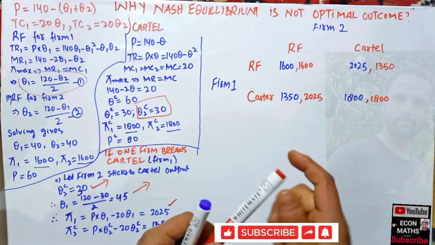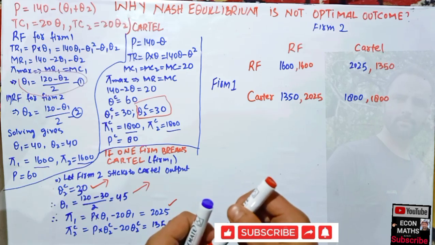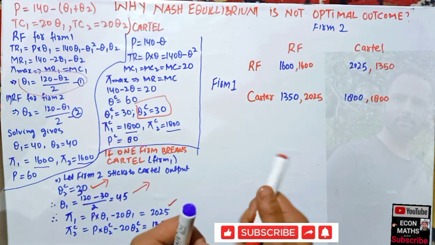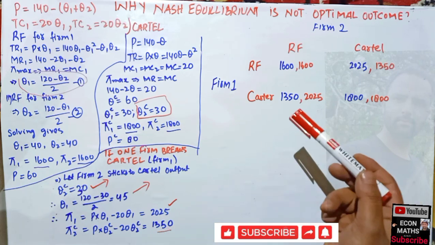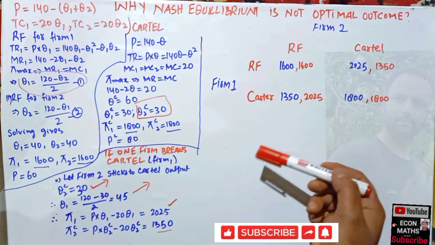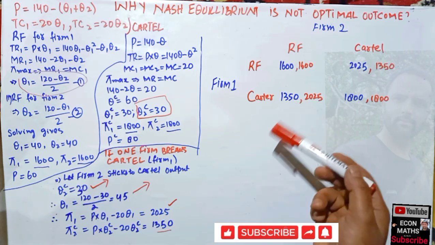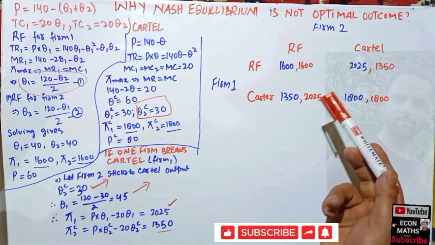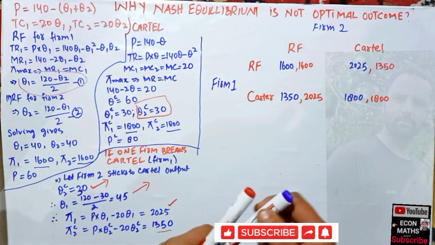What is the Nash equilibrium? I have explained it earlier also in the game theory. Nash equilibrium is when no player in a game can increase his payoff by unilaterally changing their action or strategy. So let us see how this is possible.